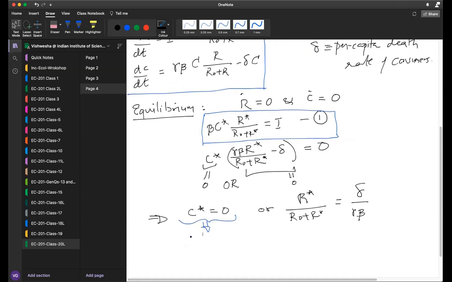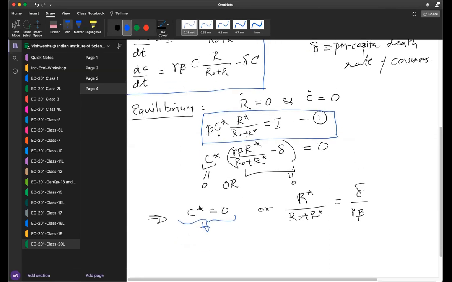This implies, yes, exactly, that I is equal to 0. That means C star is equal to 0. Is it feasible in general? If I is non-zero, is this feasible? So this necessarily implies that I is equal to 0, right?